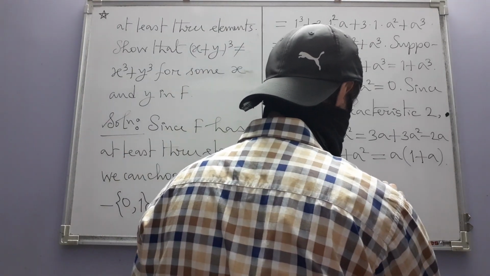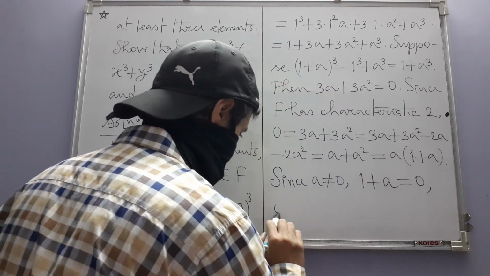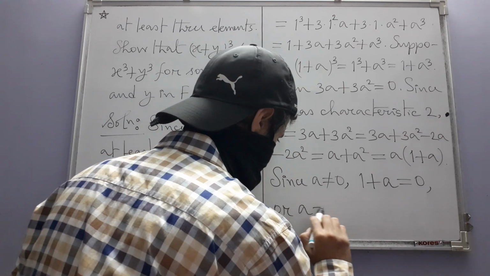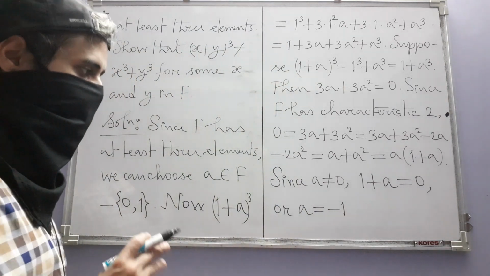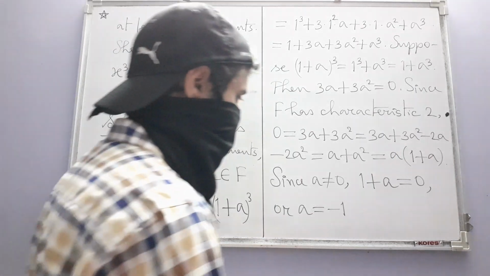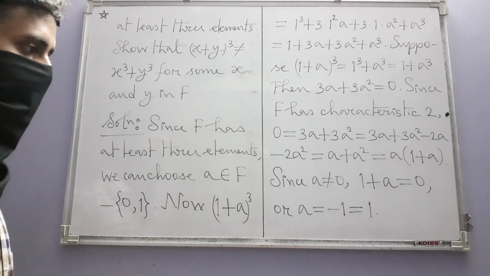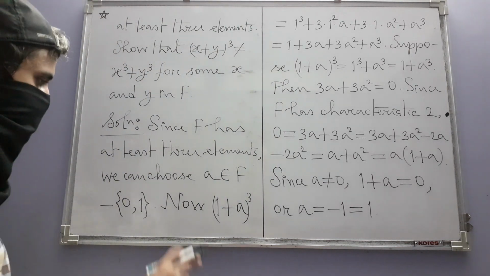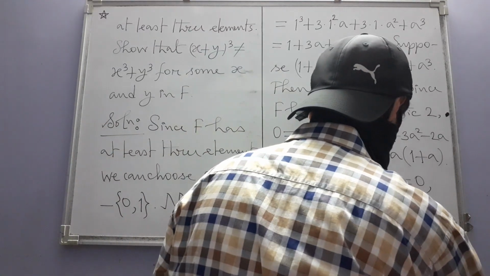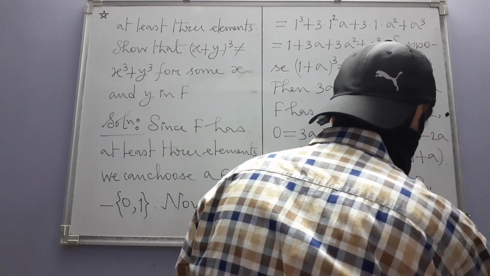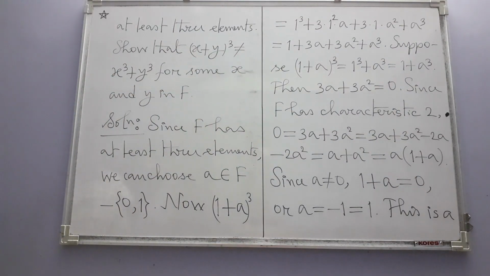That would give us 1 plus a equal to 0, or a equal to minus 1. But again, keeping in mind that f has characteristic 2, minus 1 is equal to 1. And this is a contradiction, because a is neither 0 nor 1. This is a contradiction.